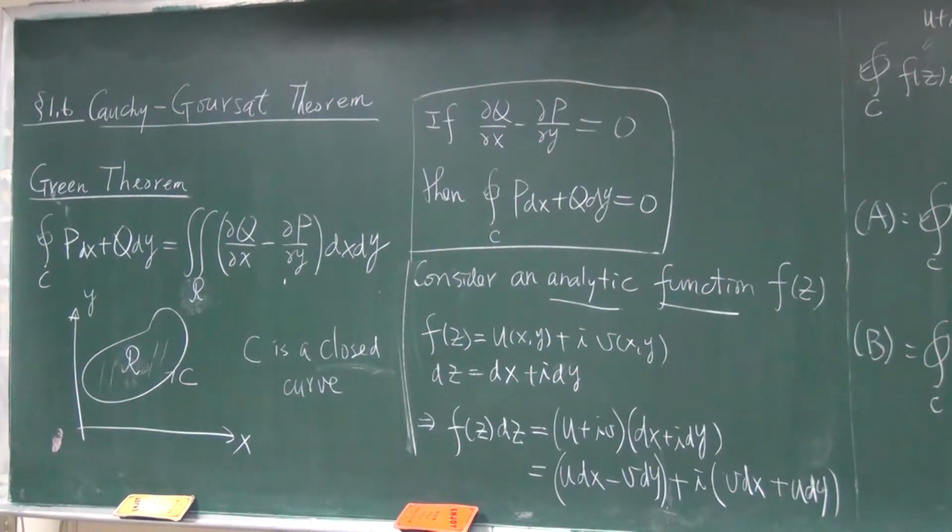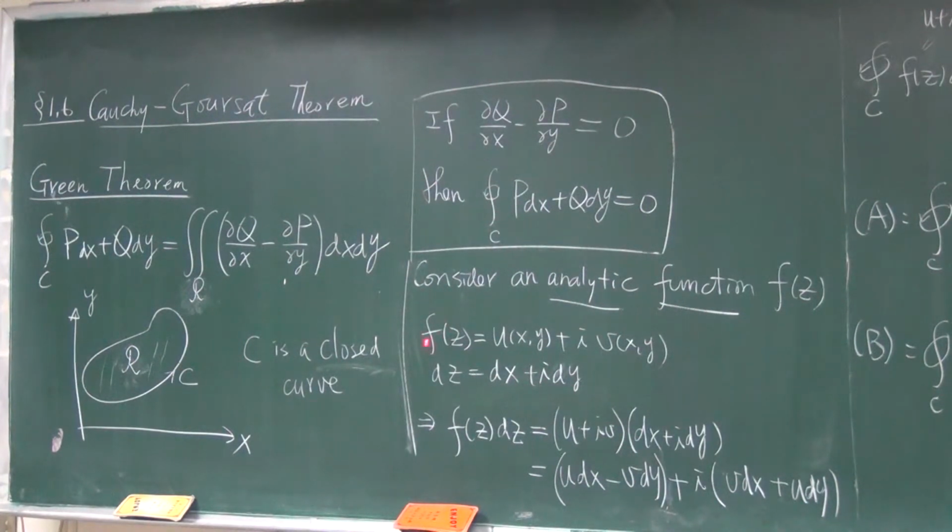What will be the important implication here? Let us consider an analytic function f(z). f(z) can be written as u plus iv. u and v are real valued functions. This is the real part, and this v is the imaginary part of the complex valued function f equal to u plus iv. Also dz equals dx plus i dy.